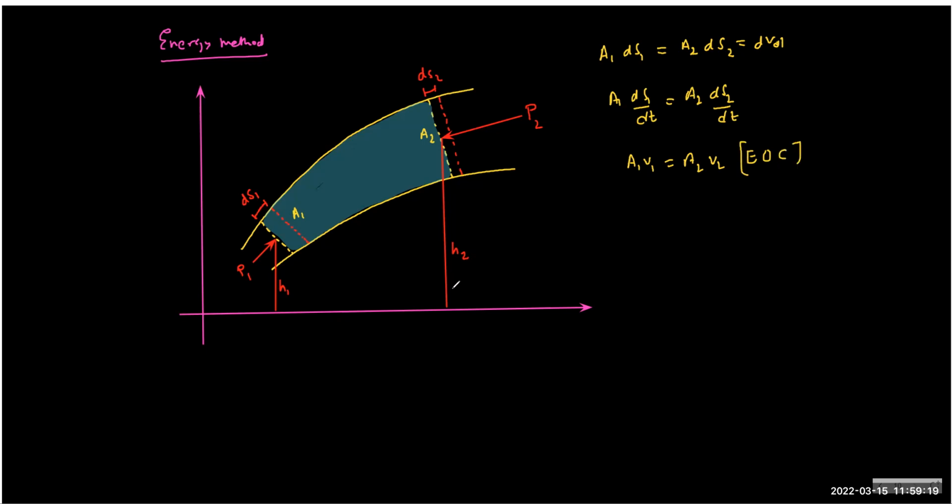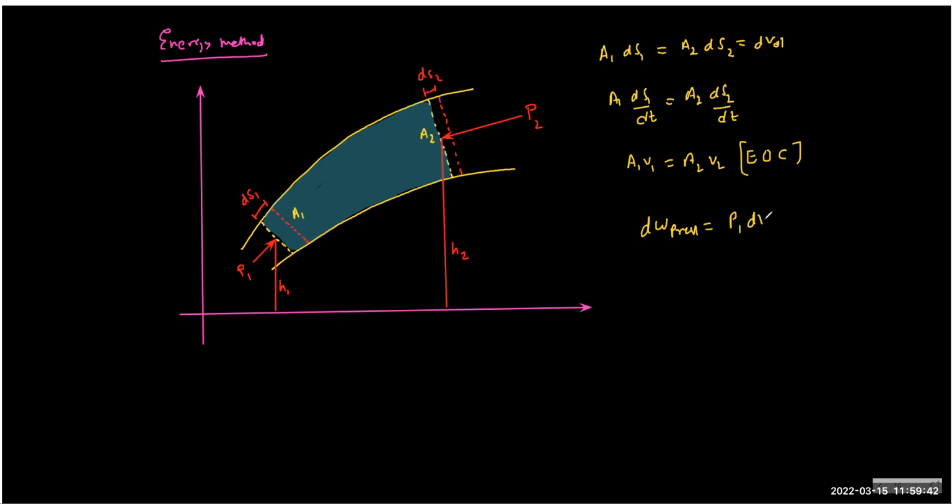Now we'll talk about the work done. If you have a system like this, and you try to denote the forces, the forces will be gravity, the pressure, and the normal. But normal will do no work. So we'll find the work done by pressure, which is pretty simple.